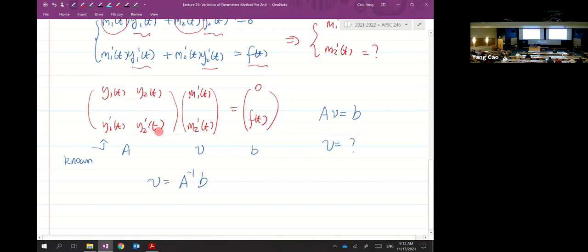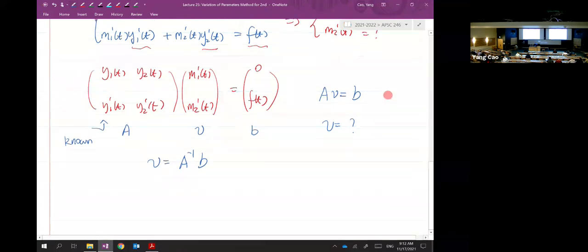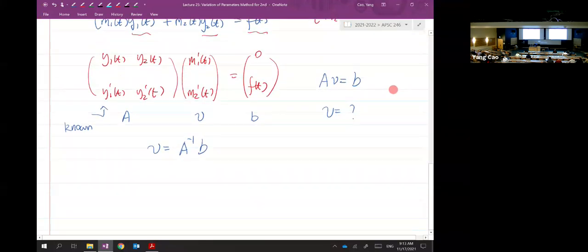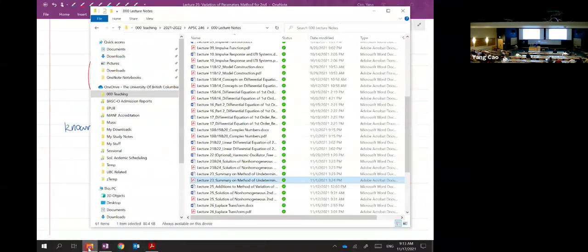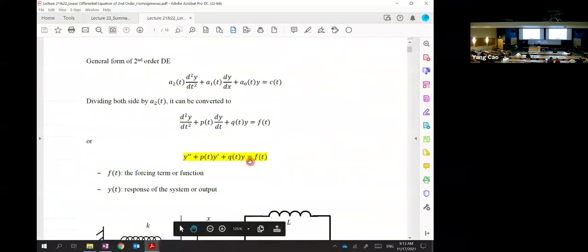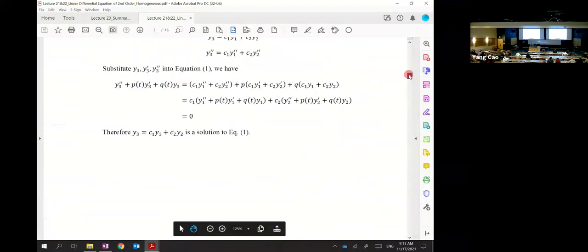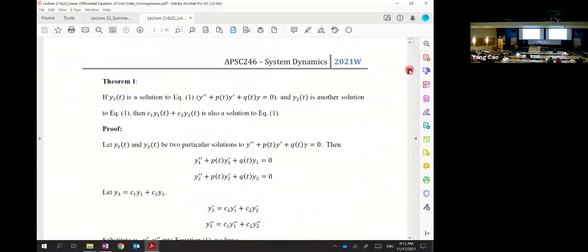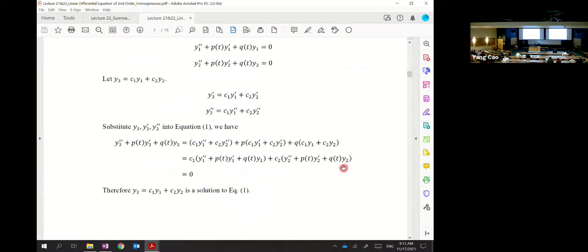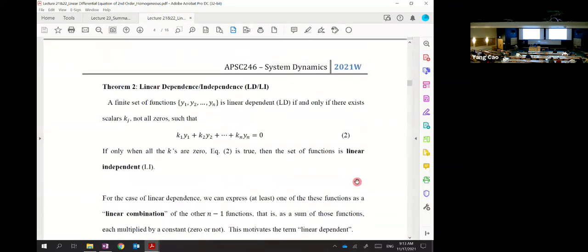This actually circles back to one of our theorems from when we started learning second order differential equations. If you recall, let me show you the lecture notes over there. So this one.